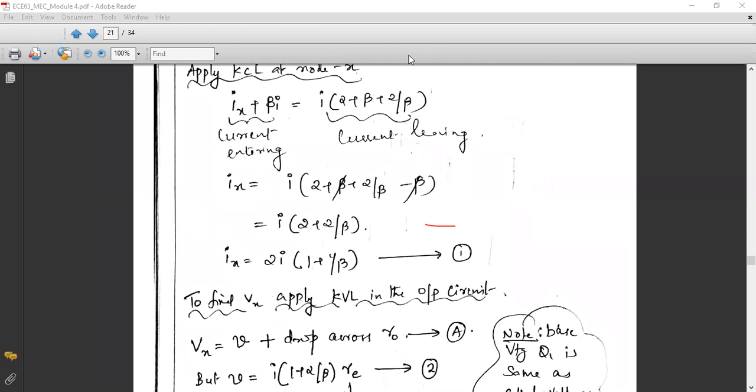Because I need to find the ratio between Vx and Ix. So for that, I have computed the expression for Ix in terms of I. So we should come from the bottom part of the circuit, right? From Q1, Q2, base current, collector current, and then we need to move towards Q3 and afterwards the final node X. So likewise, we need to find each and every terminal current, and finally we should arrive at an equation for Ix. Any doubt?